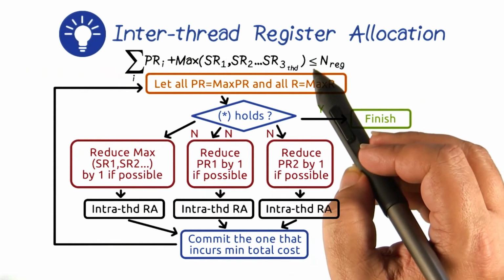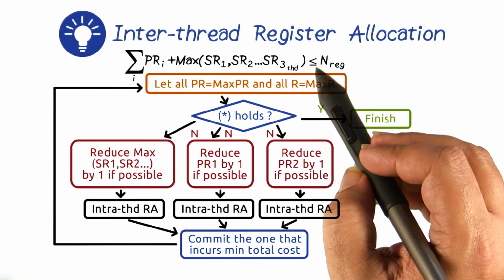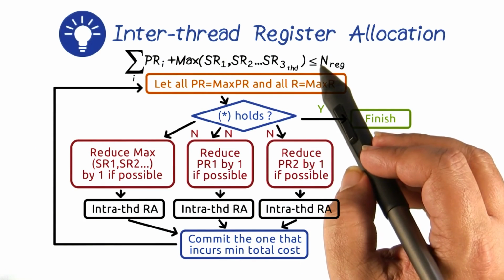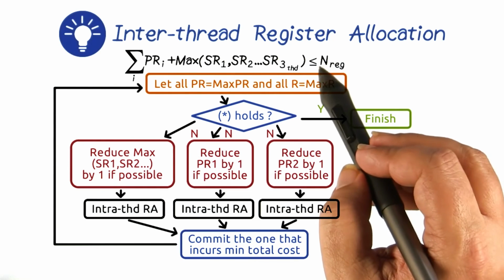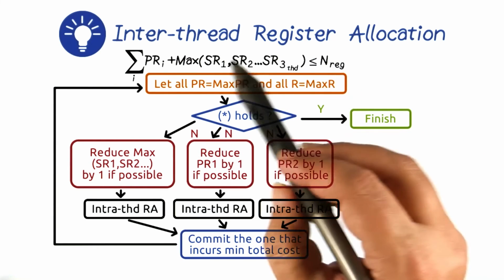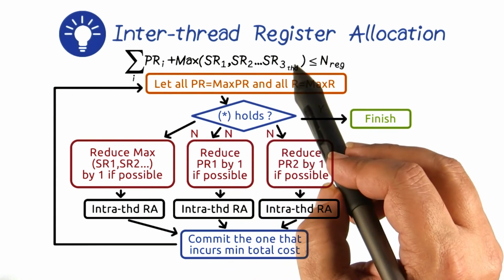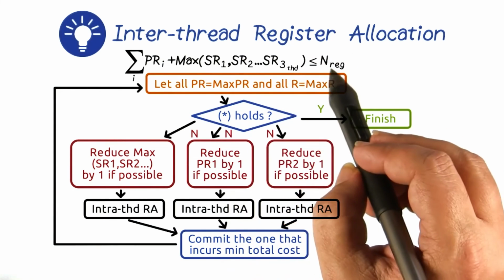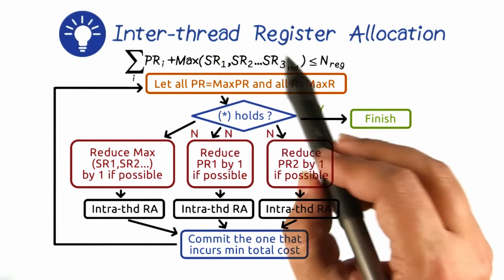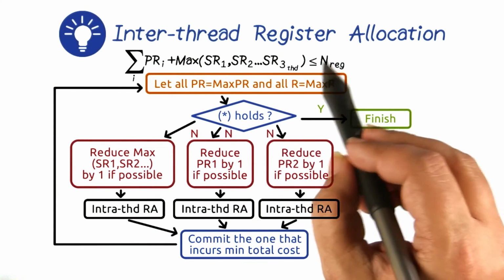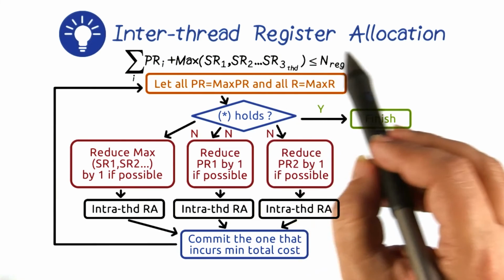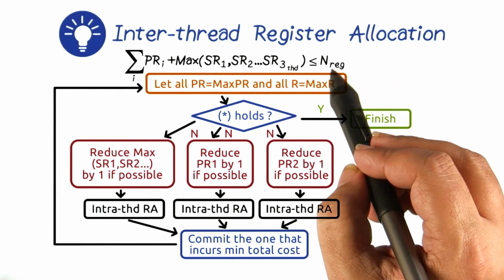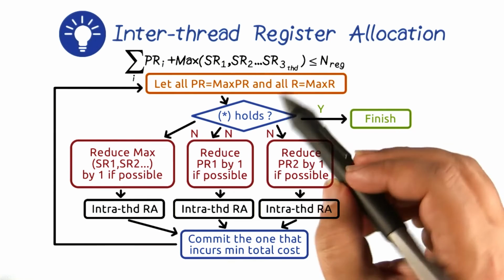Again, remember the goal here is to meet this constraint in the maximal way, that is, when this inequality turns into an equality. That is, the total register demand from the threads is exactly met by the total number of available registers. So typically we start with the demand much higher and we bring it in, make it equal, and then we stop.